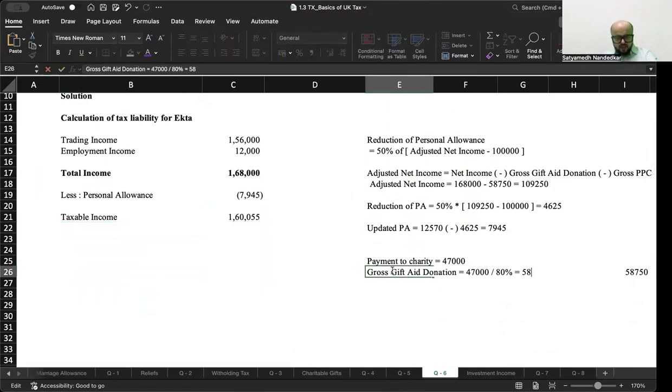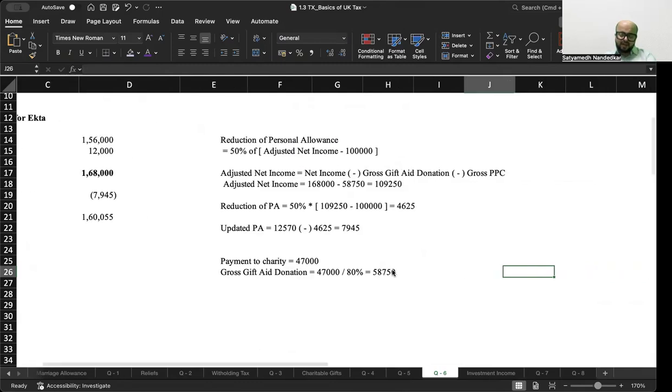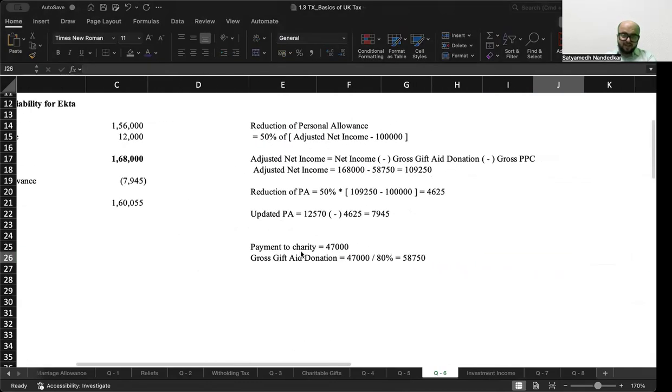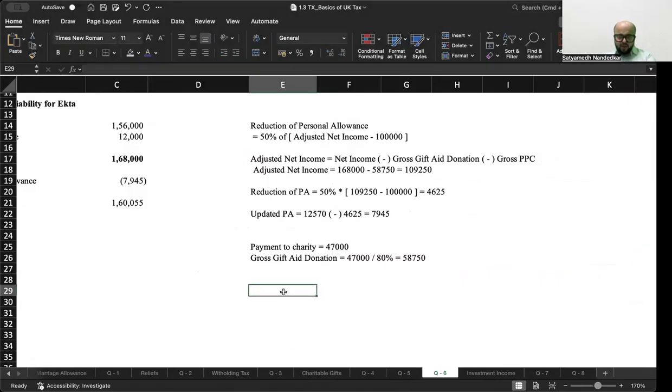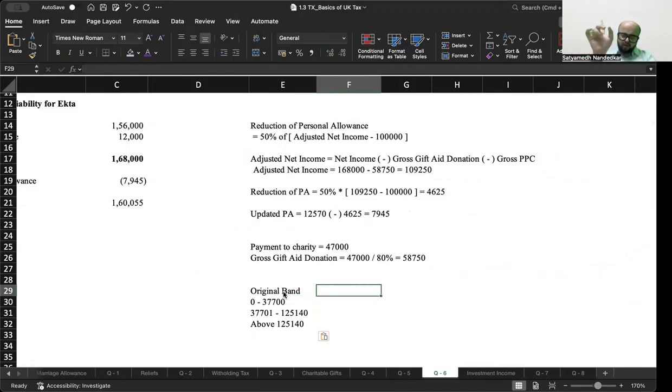Now, another point is, what is the total amount of gross gifted donation? It is 58,750, right? So that means your basic and higher rate bands will get extended by this number. Let's write down the original bands. Our original bands are 0 to 37,700, 37,701 to 125,140, and above 125,140. What are the updated or revised bands?